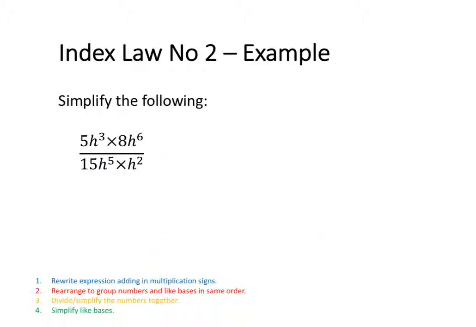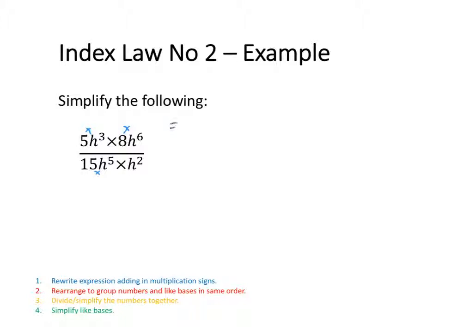In the next example, I want to simplify 5h to the power of 3 times 8h to the power of 6 divided by 15h to the power of 5 times h to the power of 2. My first step is to rewrite that expression, adding in multiplication signs in between my numbers and my variables.